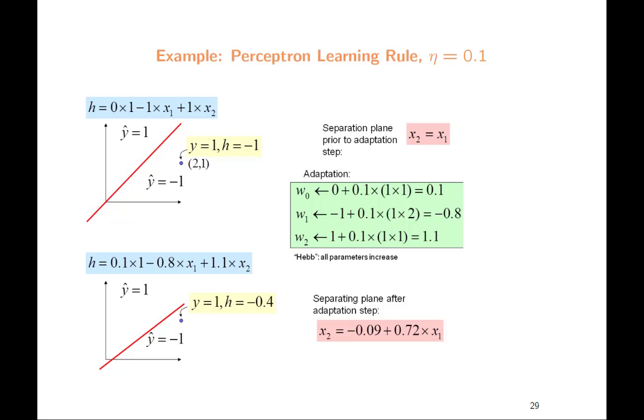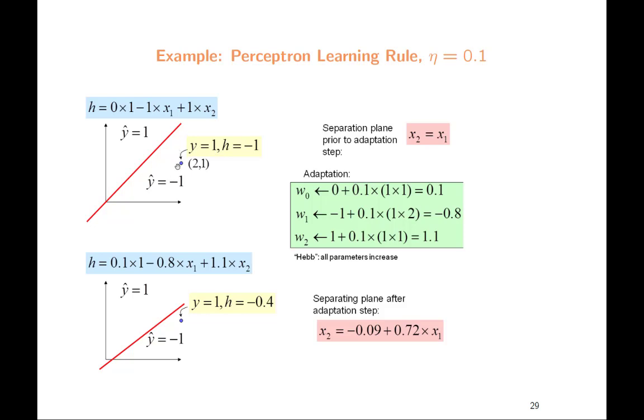So here, just to illustrate what's going on, here's the current decision boundary. On this side, it's positive, it's 1. Here it's -1. This data point has target 1, but it's in the -1 region.